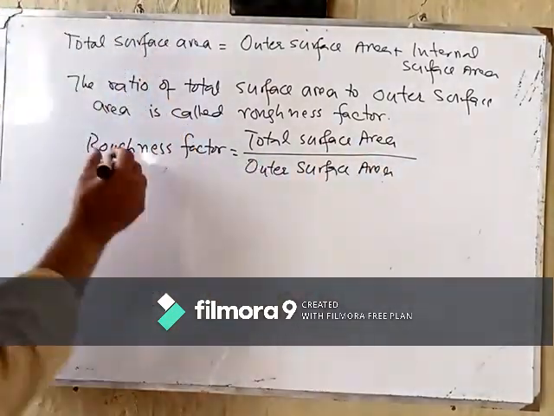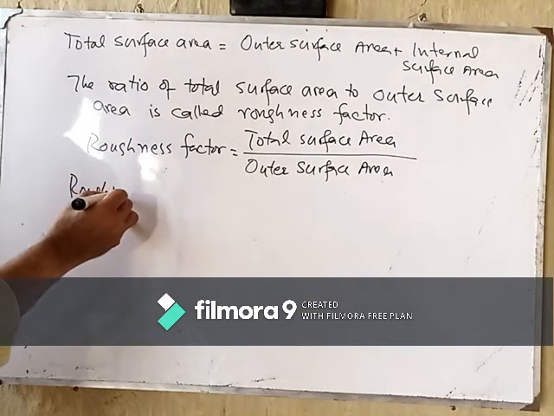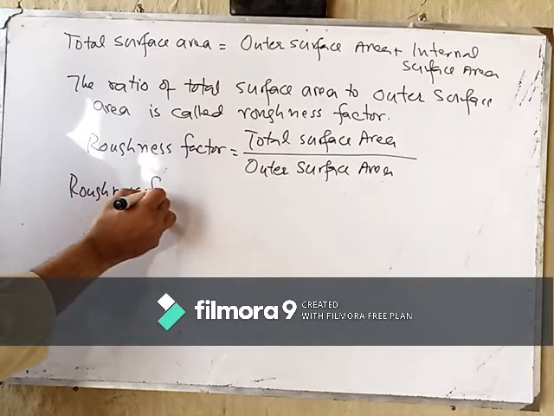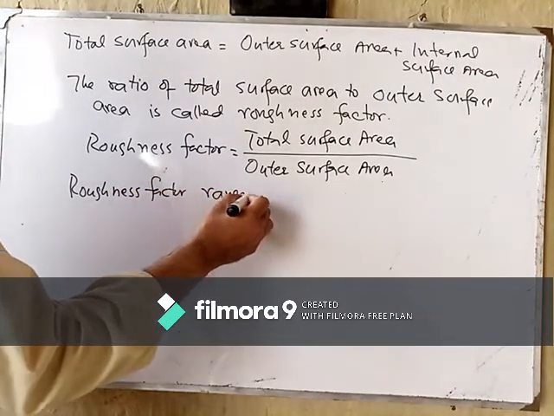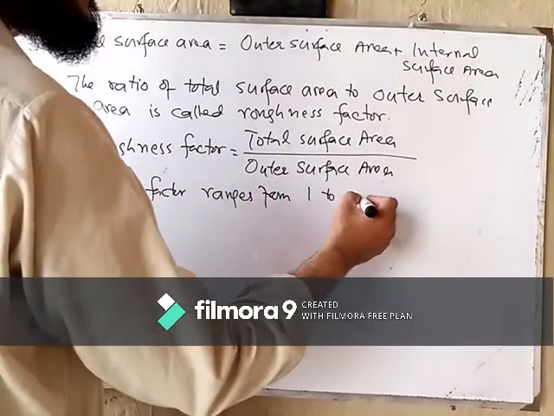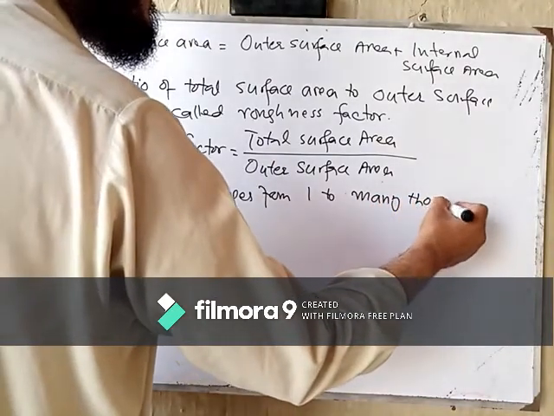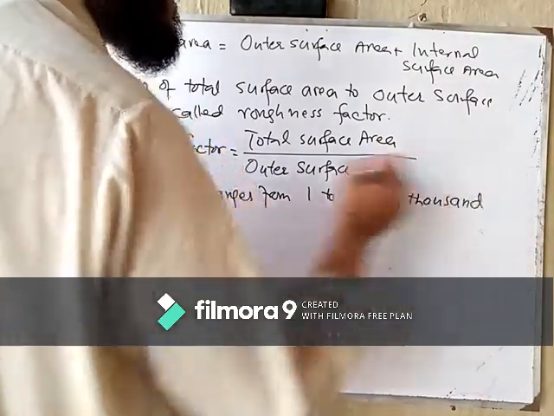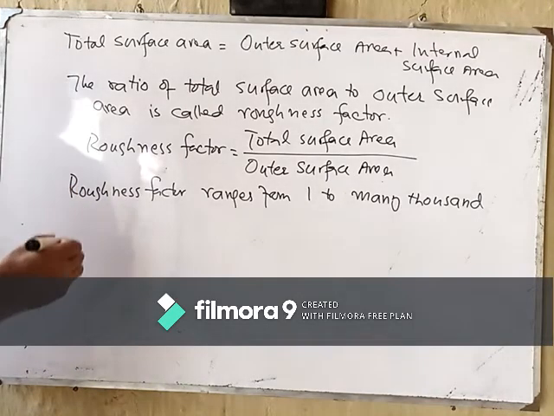So this surface roughness factor ranges from 1 to many thousands. The minimum is 1 and the maximum is in thousands.